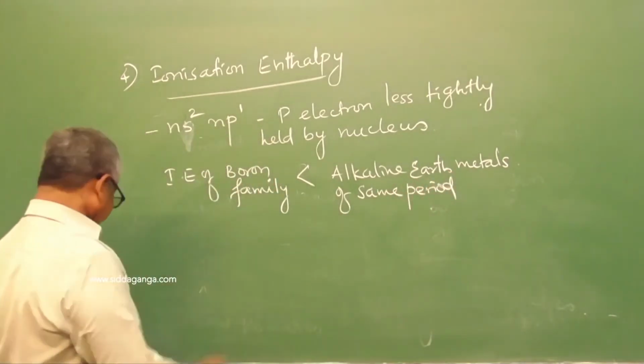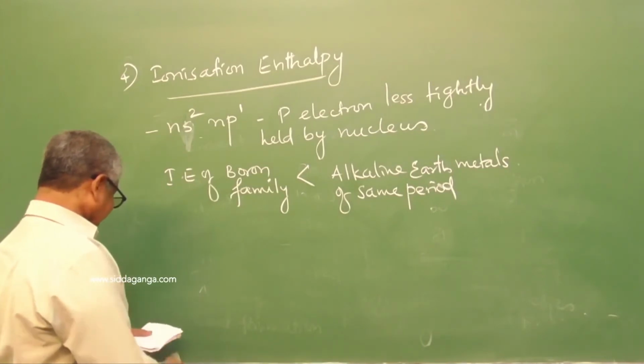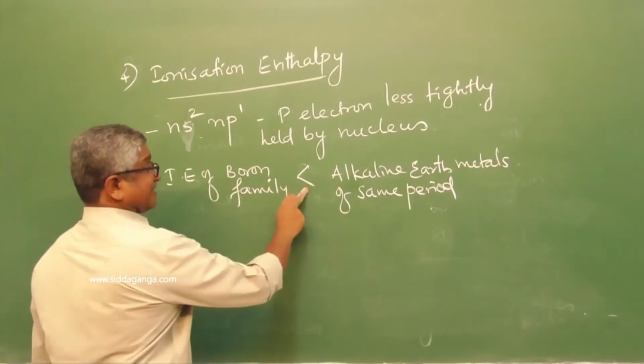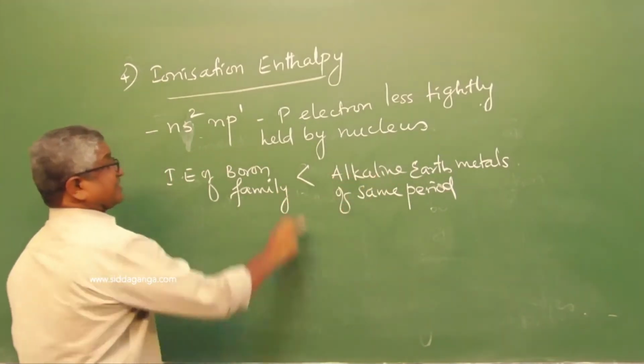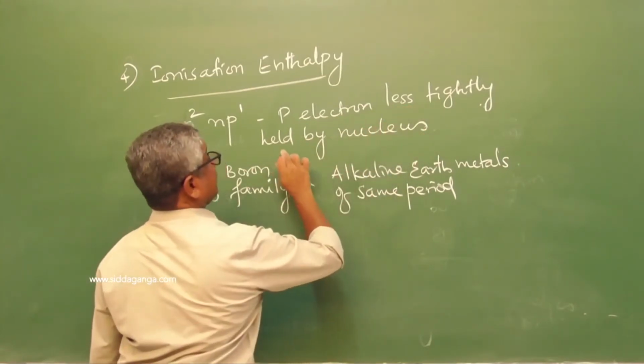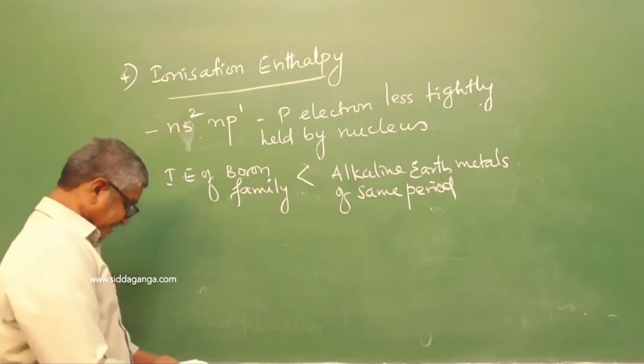So the ionization energy of boron family elements is lesser than alkaline earth metals. The reason is the p electron is less tightly held by the nucleus.